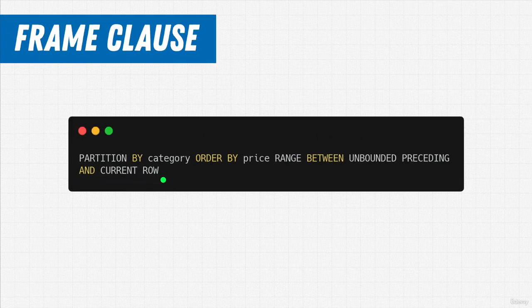This becomes very complex, and you have to play around with window functions to really understand the nuances with which you can combine partitions and orders and ranges and framing to get the results that you want.